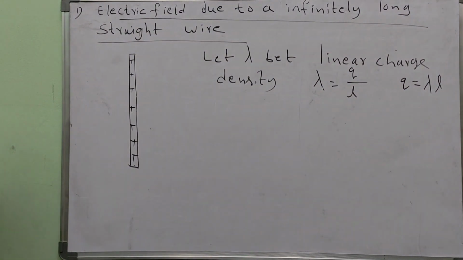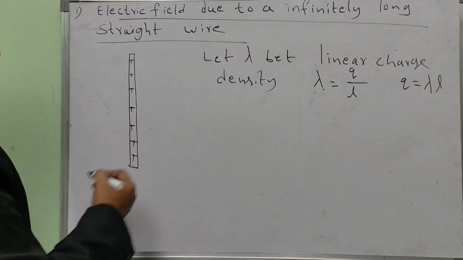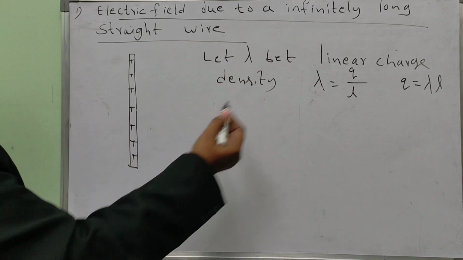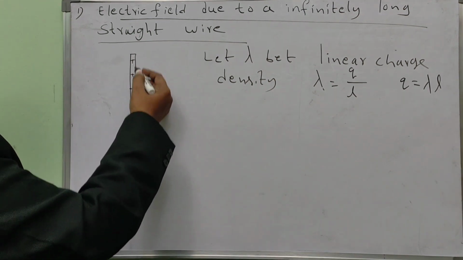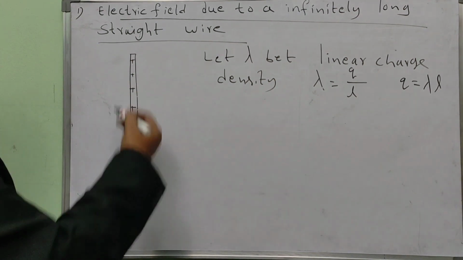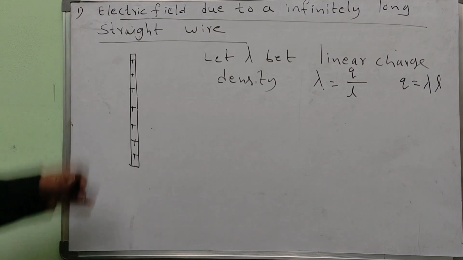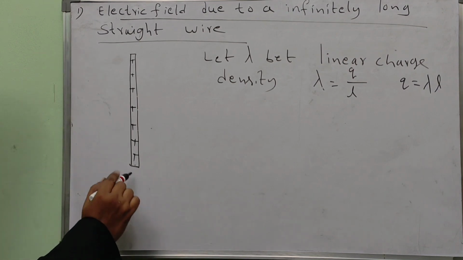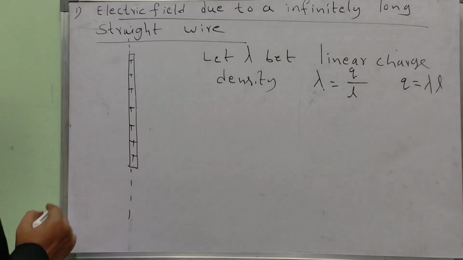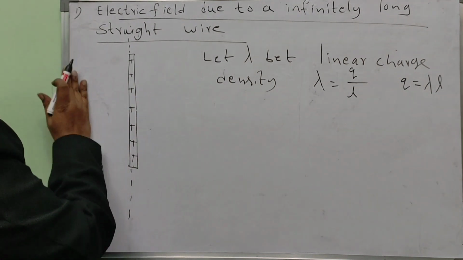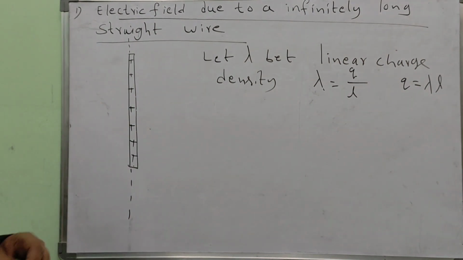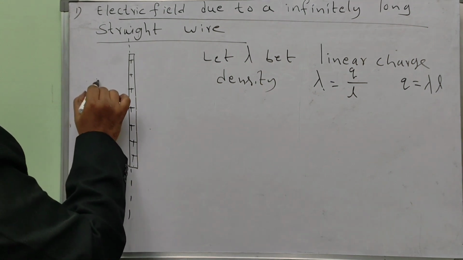Here, I consider a linear charge of charge density lambda. I need to calculate the electric field because of this infinitely long straight wire. So I am going to apply Gauss law. I need to consider a Gaussian surface.